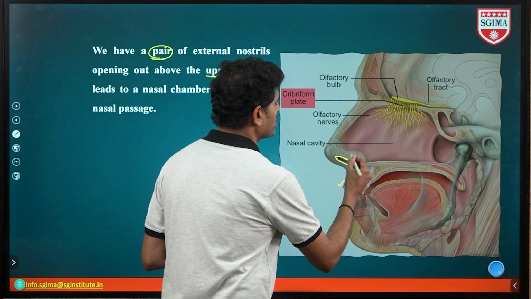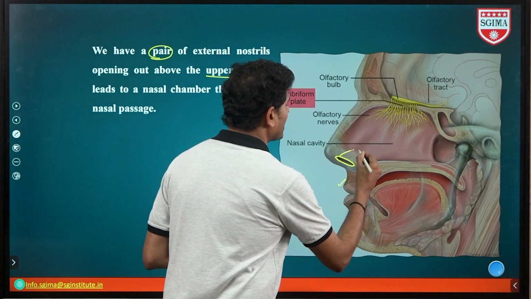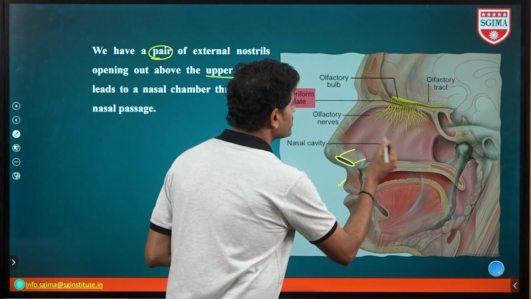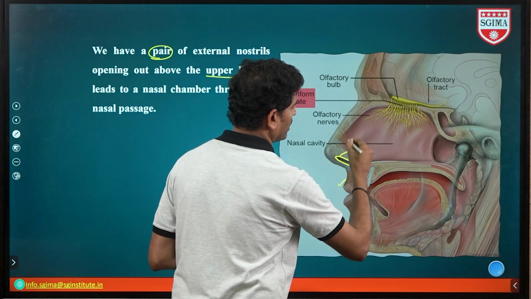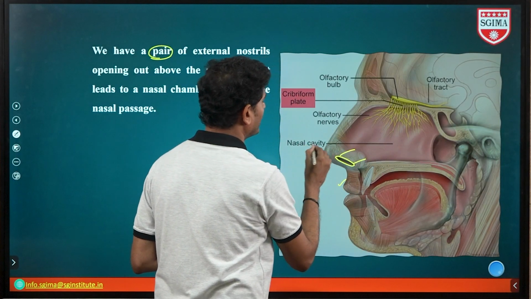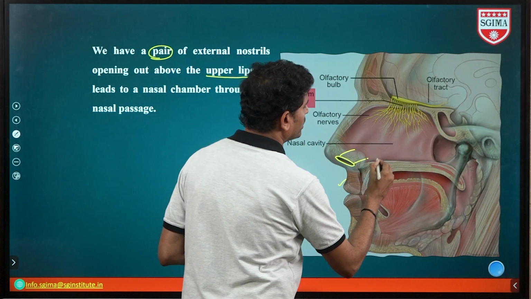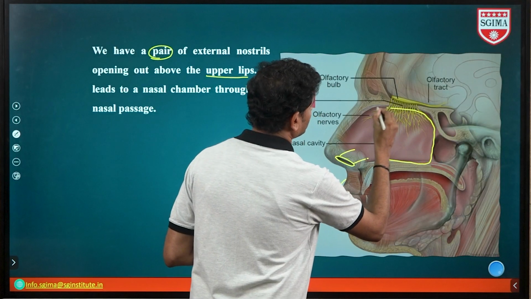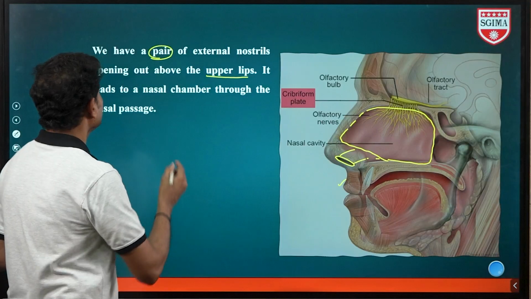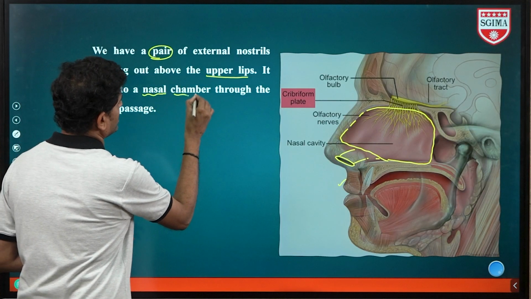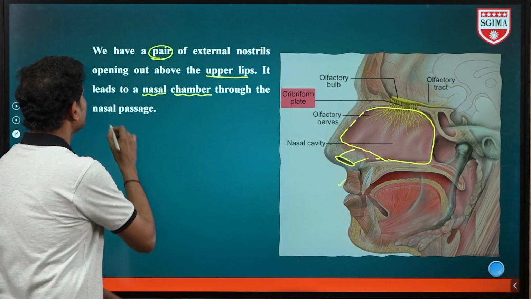And these external nostrils, through the nasal passages, open into the nasal chamber. We can call this totally the nasal chamber. Here they have given nasal cavity, but this is called a nasal chamber, through a nasal passage.